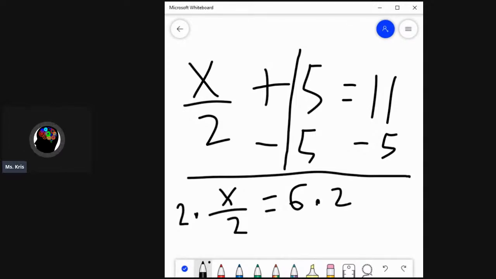It is very important that when you are multiplying, adding, subtracting, or dividing, when you're doing the opposites of each component of your solving equation, make sure you're doing it on both sides of the equal sign, always. So now, the 2's cancel, which leaves me with x. And of course, x will equal 6 times 2, and that'll give me 12.